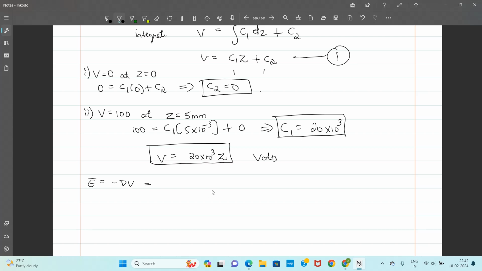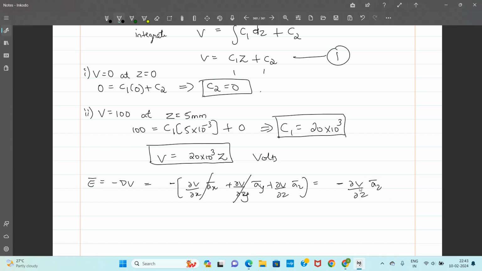So minus del V in Cartesian system will be minus of dou V by dou X AX plus dou V by dou Y AY plus dou V by dou Z AZ. And as I've already told you, here we have only Z axis values. So X and Y components will not come into picture. You will be having only minus dou V by dou Z AZ.